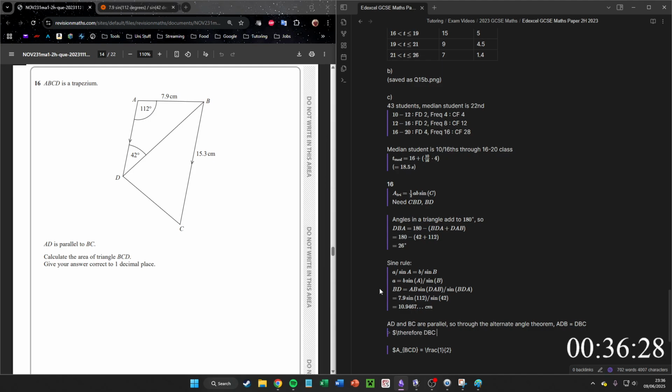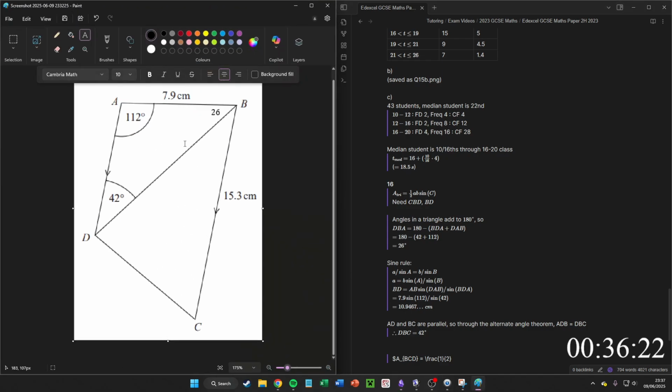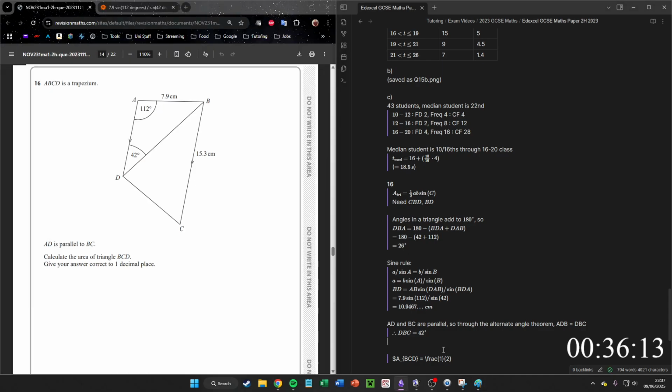Therefore, DBC is equal to 42 degrees. Perfect. Okay, and I will add that to our diagram here. So did we need 26? We didn't need 26, which is annoying. So it shows the inefficiencies of the method, I suppose.